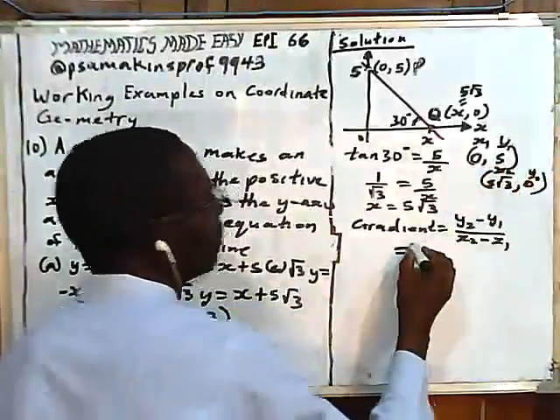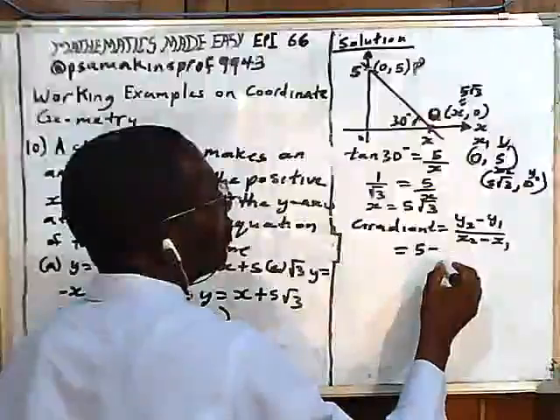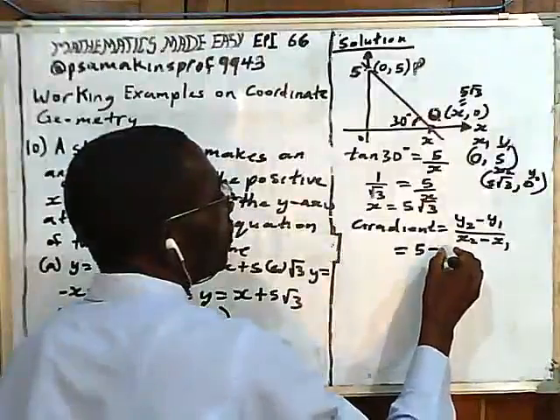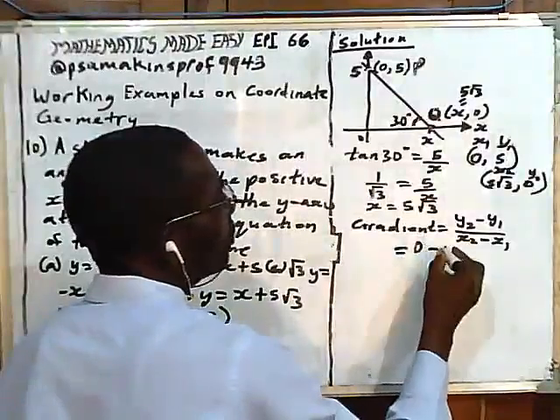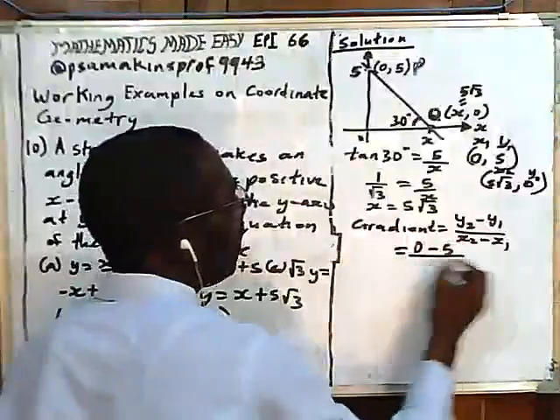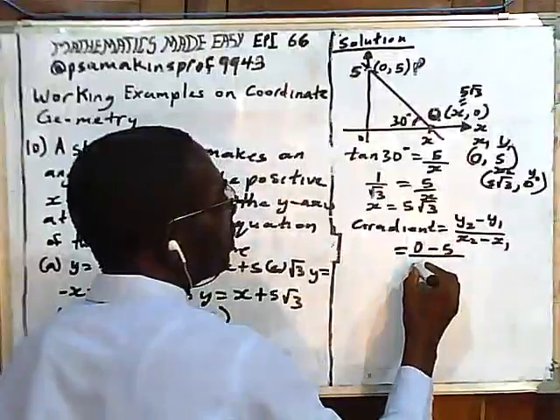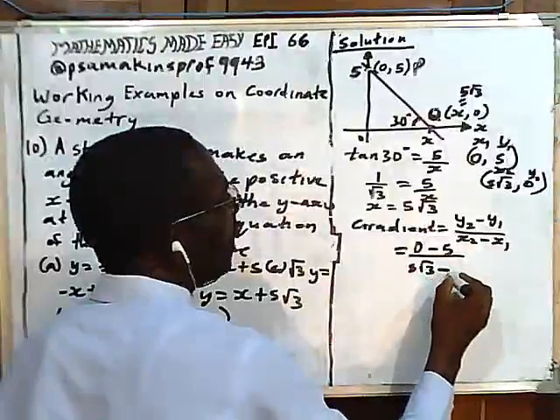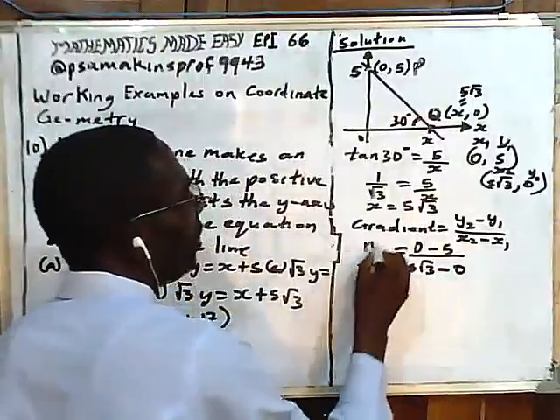If that is the case, we now have y2, which is 0, minus y1, which is 5, all over x2, which is 5 root 3, then minus x1, which is 0, equals the gradient m.